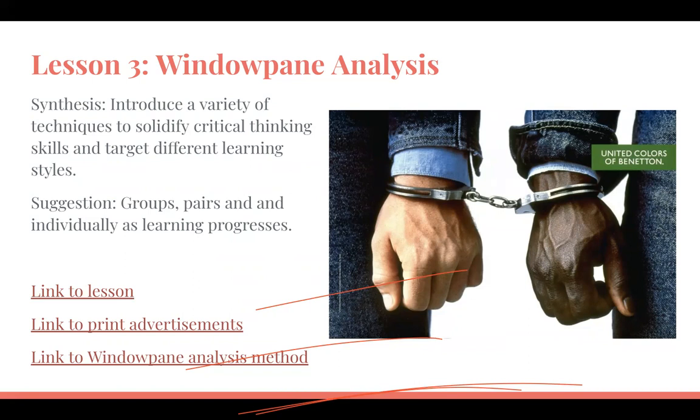Then I'll teach the OPTIC method for visual analysis, which is also very basic, just to get your thinking going. And then finally, I would teach a much more detailed way of analyzing, and that's the window pane analysis. It's what it's called.